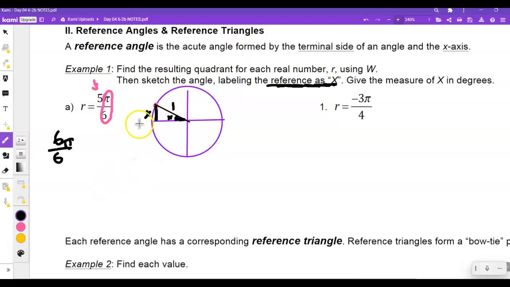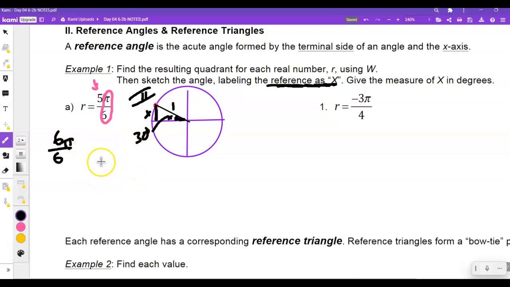Right? So we have the understanding that this reference angle is 30 degrees. And we could always go through, we can convert this using what we did up there and convert it to 30 degrees. Right? And we also know it says, what's the quadrant? So we land in quadrant 2.